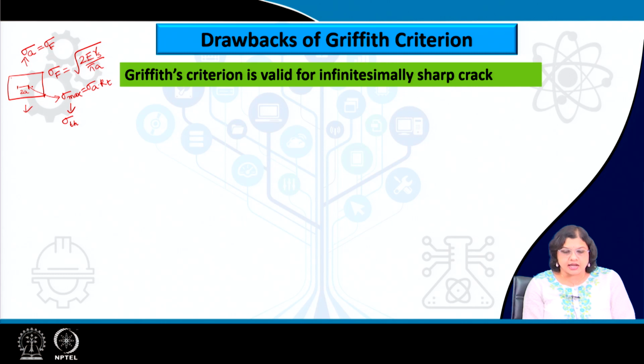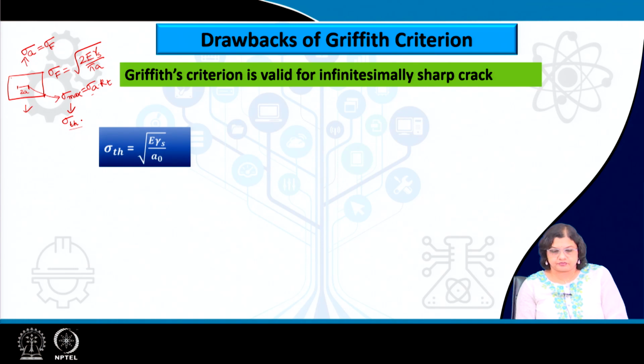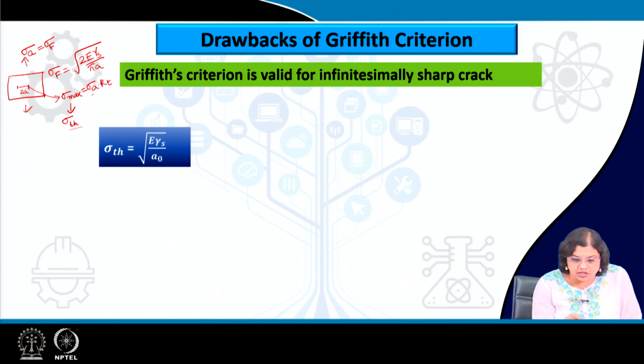So this means that we need to find the applied stress that is necessary to make sigma max exceed or become equivalent to the theoretical cohesive strength of the material, so that fracture can initiate. The theoretical cohesive strength, as we all know, is nothing but root over E gamma s by A0, and using this relation instead of sigma max, we can rewrite this equation.